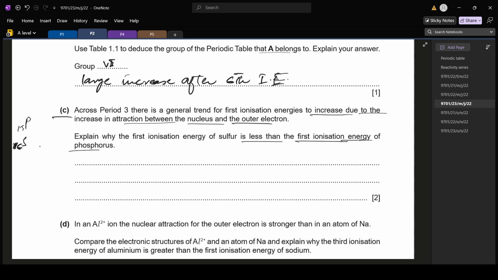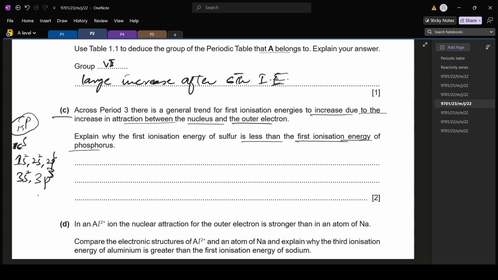If you write the electronic configuration, I'm writing here 1s2, 2s2, 2p6, 3s2, and then 3p3. So this is the electronic configuration of phosphorus.